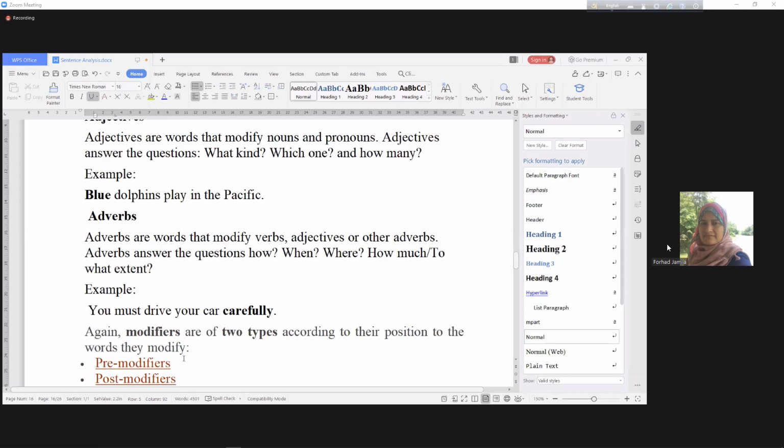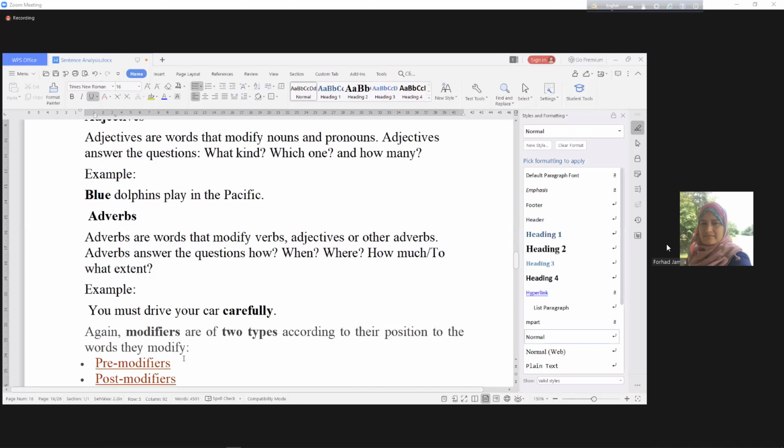Okay, pre and post. What do you mean by pre? Pre means before. Post means after.